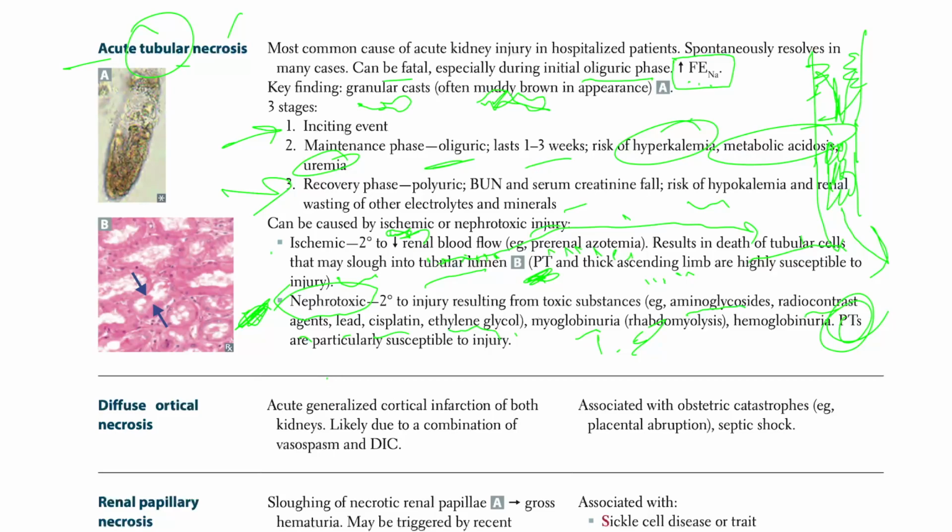But if you have ischemia, that is going to cause PT damage, which is the proximal tubule, but it can also cause thick ascending limb damage. But PT, again, you keep PT in mind. That's way important. So that's pretty much what we have for the ATN.